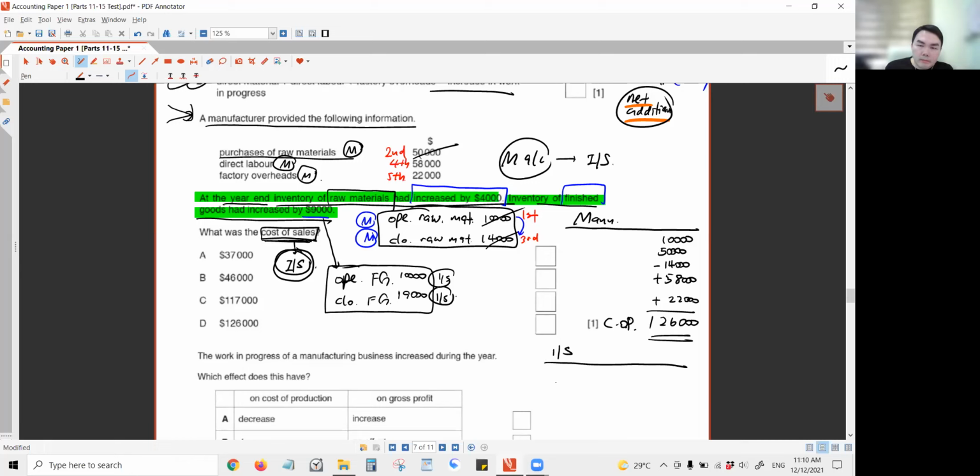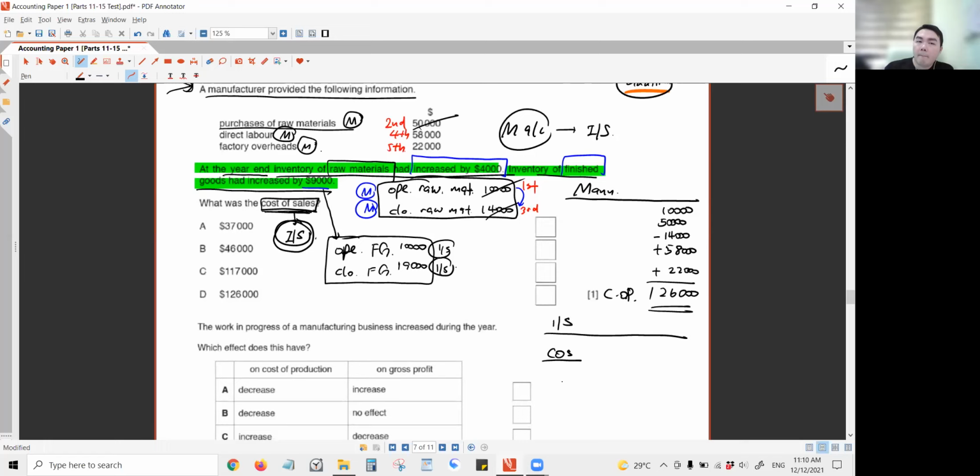Cost of sales is the section here. Do you have opening finished goods? Yes, 10,000. Then cost of production appears here, the figure that I got from the manufacturing account just now, 126,000.